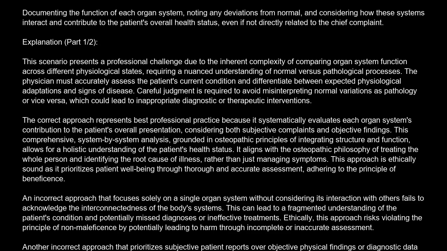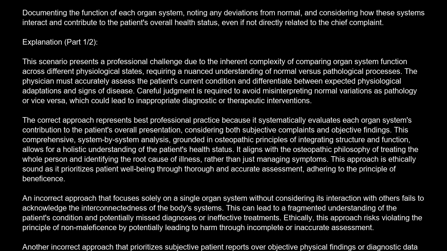The correct answer is A. Documenting the function of each organ system, noting any deviations from normal, and considering how these systems interact and contribute to the patient's overall health status, even if not directly related to the chief complaint. Explanation. This scenario presents a professional challenge due to the inherent complexity of comparing organ system function across different physiological states, requiring a nuanced understanding of normal versus pathological processes.